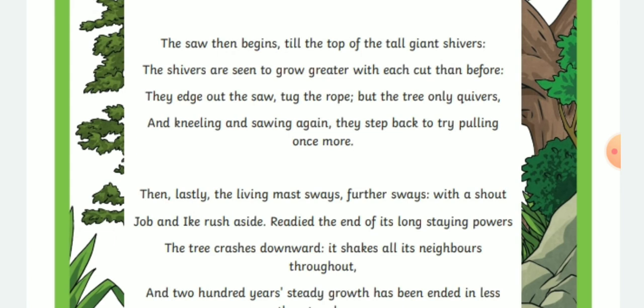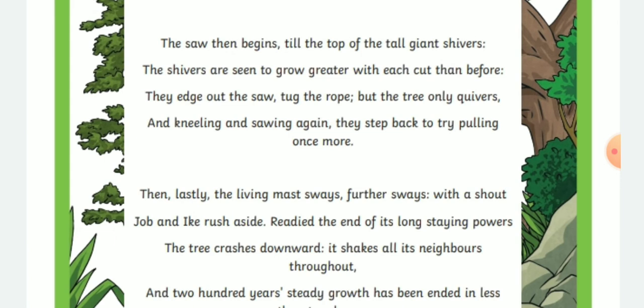Here the whole tree starts shivering and shaking because of the force they are using on the tree while cutting it. The force makes the tree shiver. So here the tree also has some feelings, some pain also. See how the tree was cut down very brutally.